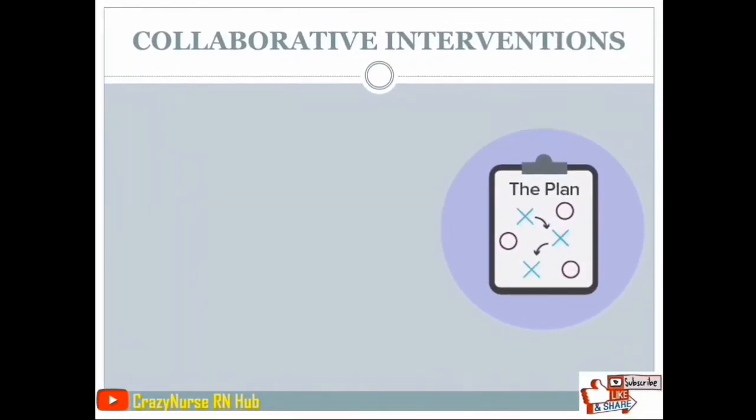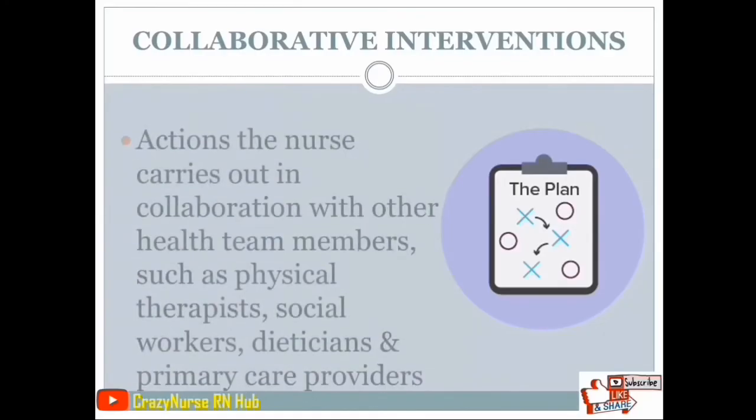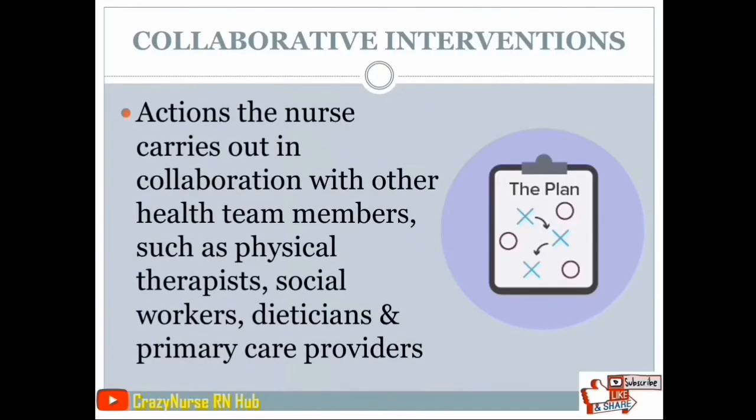Lastly, we have collaborative interventions. These are actions the nurse carries out in collaboration with the other health team members, such as physical therapists, social workers, dietitians, and primary care providers. Collaborative nursing activities reflect the overlapping responsibilities of and collegial relationship among health personnel.